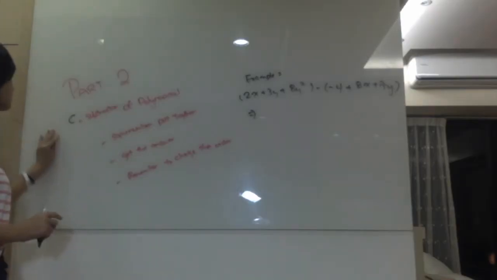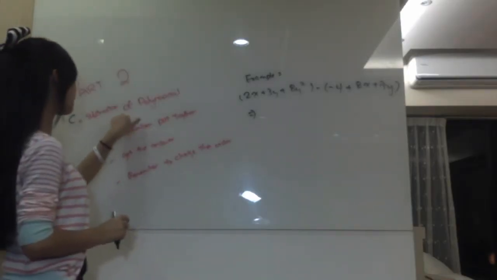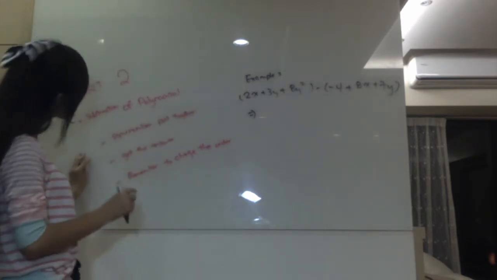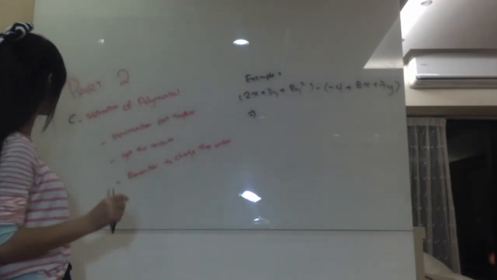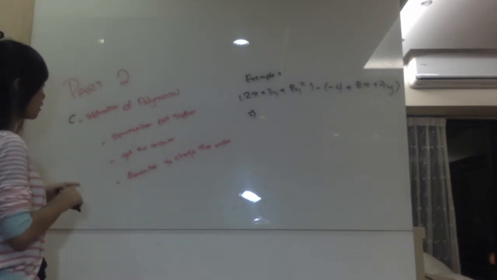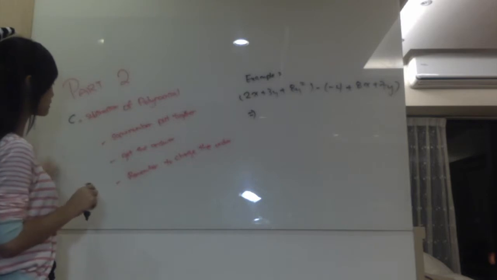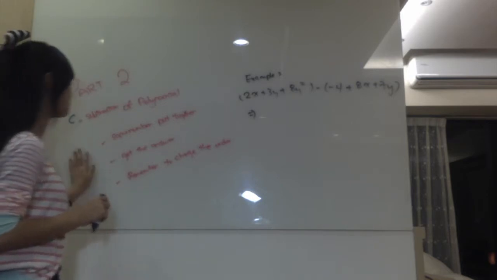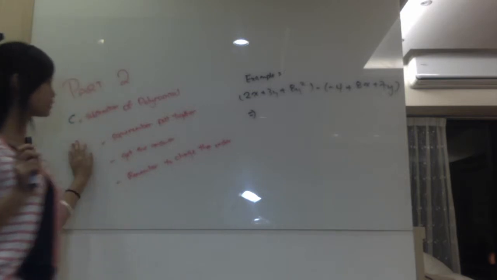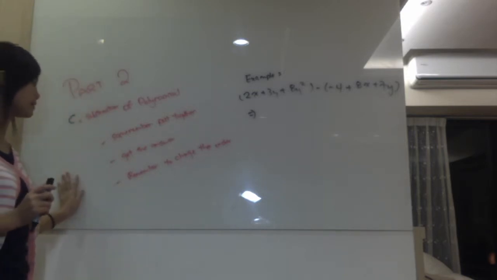Okay, part 2C, subtraction of polynomials. It was very similar to B, adding of polynomials. The steps were about the same. First, put the same terms together, then get the answer.